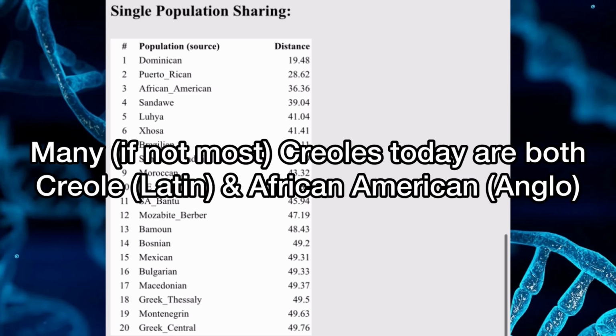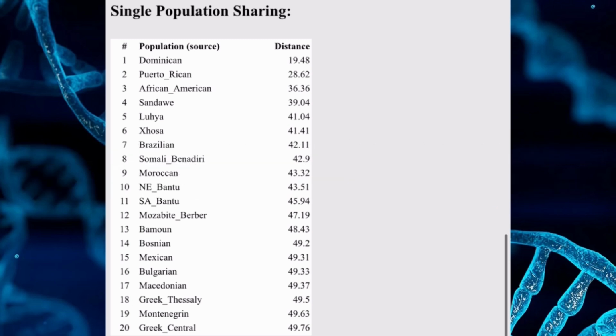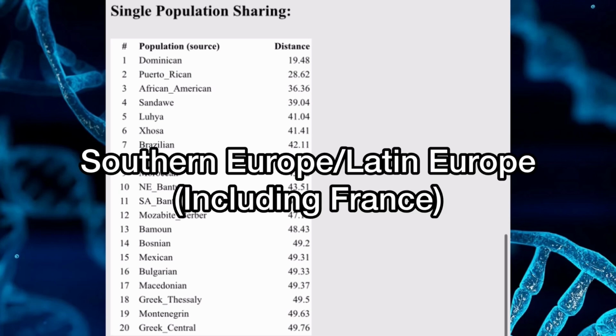So it would make sense that our genetics would look like something somewhere between a Caribbean Latino and an African American, because we do have the African ancestry that they both have, and then we have a lot of the Southern European ancestry that the Caribbean Latinos have.